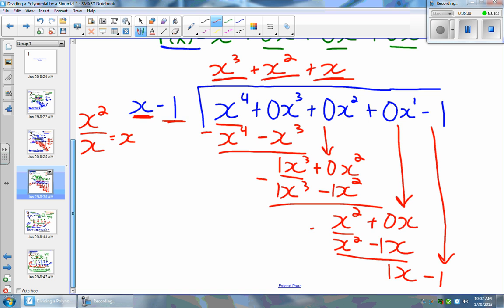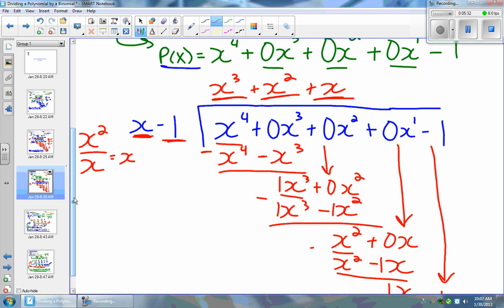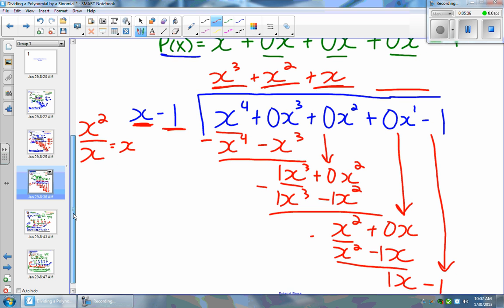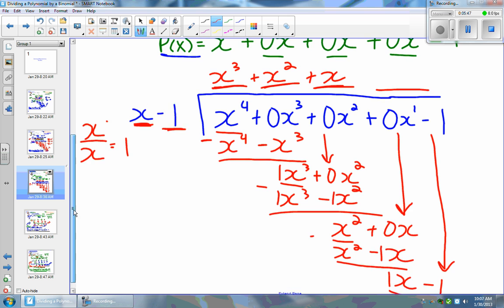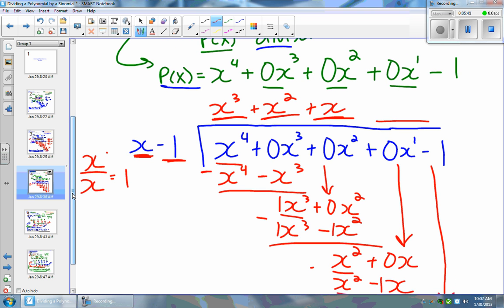So let's go find that last term in our quotient here. To find that last term, we take this x, or 1x right here, and we're going to divide by x. And what do we get? We get simply a 1. So that is the next term in the quotient. So we're going to add a constant of 1, and let's multiply.